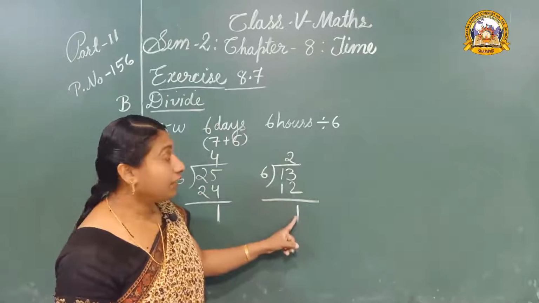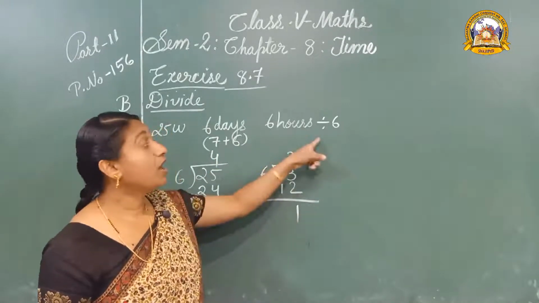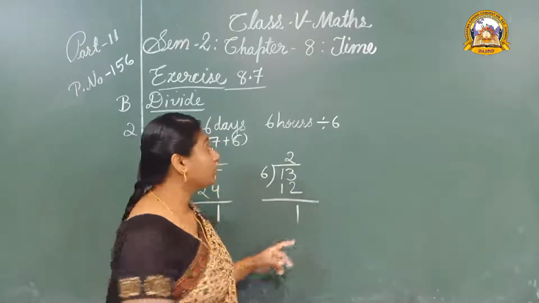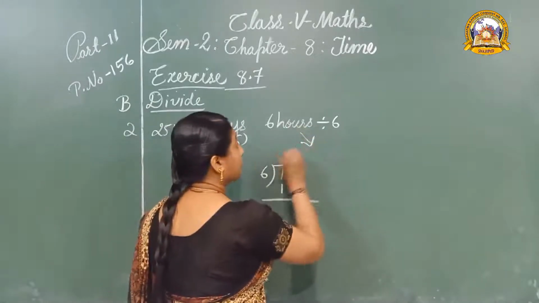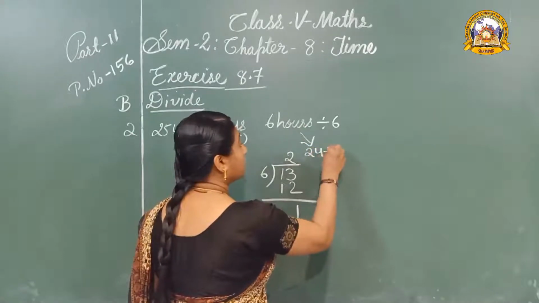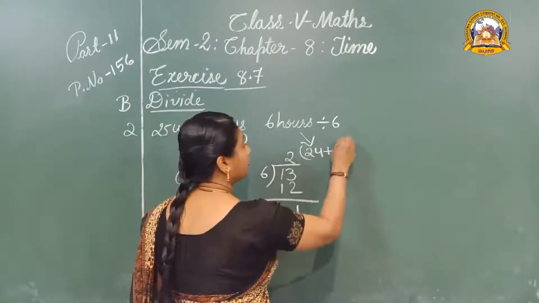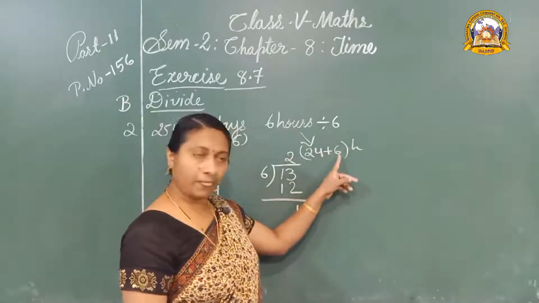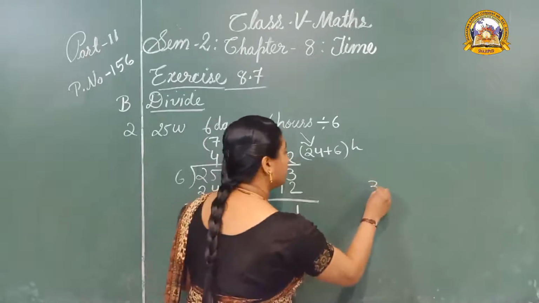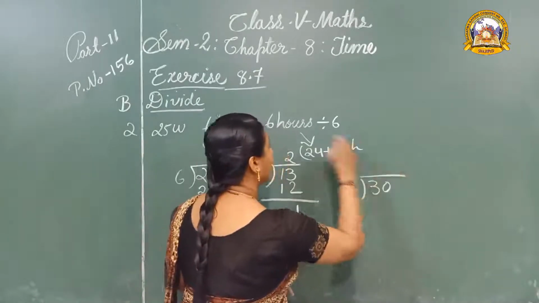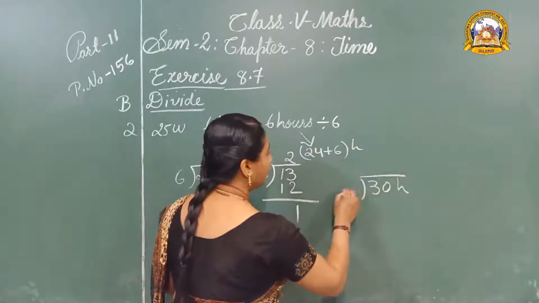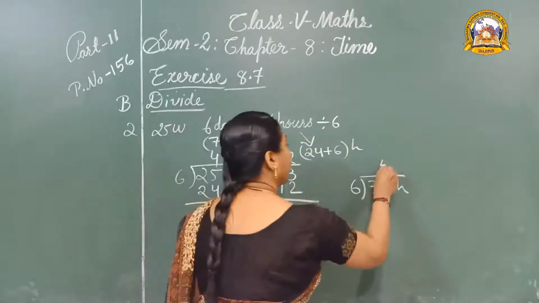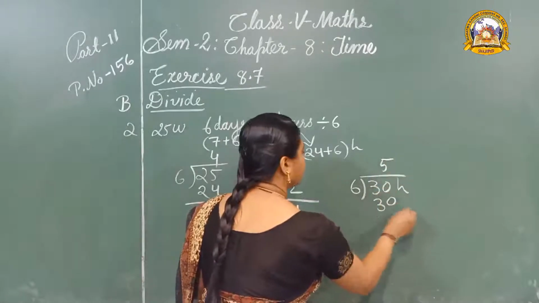Then 1 day will go to the hours column. 1 day, how many hours? 24 hours. So let us write 24 plus already 6 is here, 6 hours. Total 24 plus 6, 30. Now let us divide this 30 hours by 6. How many? Yes, 5 6s are 30.